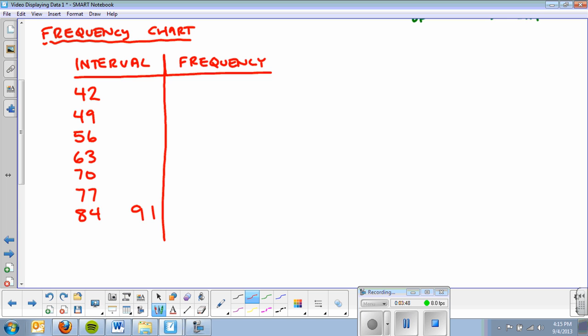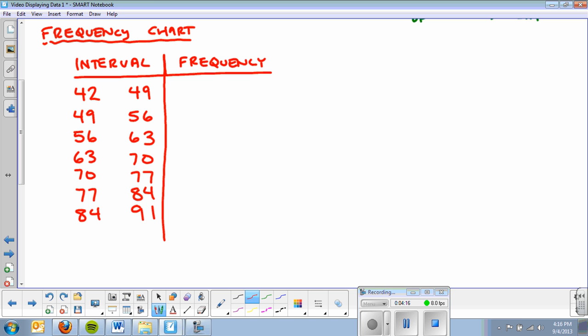Now, an interval is a set of numbers, so I need the right endpoint, basically. All I do is I go back and use this number and write it here. So this would be 84, 77, 70, 63, 56, 49.